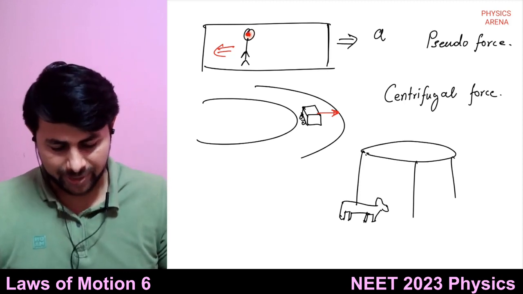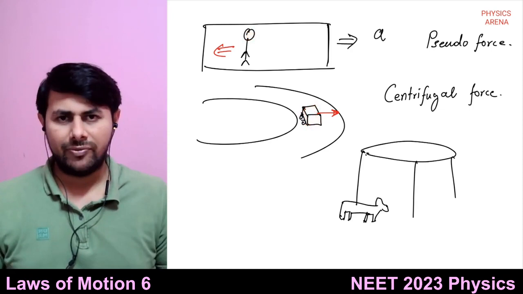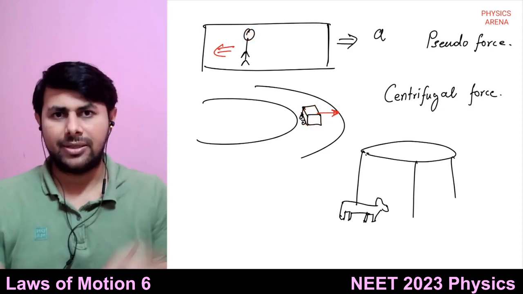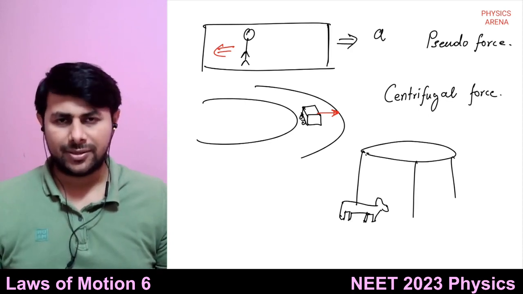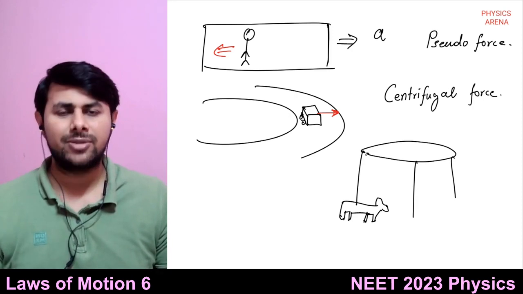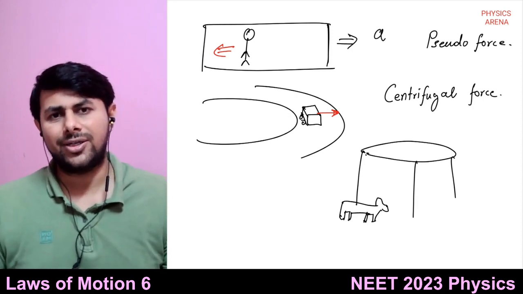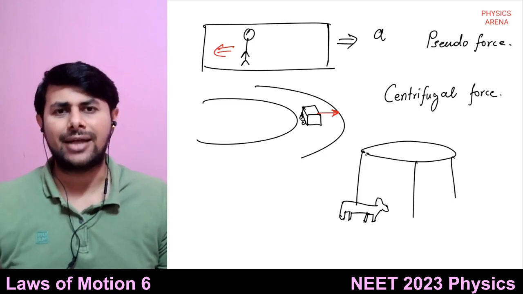Why are this person, or the person sitting in this car when the car is taking a turn towards left, why can you not explain that motion using any real force? It's because these are all non-inertial observers. All of these observers are in acceleration.